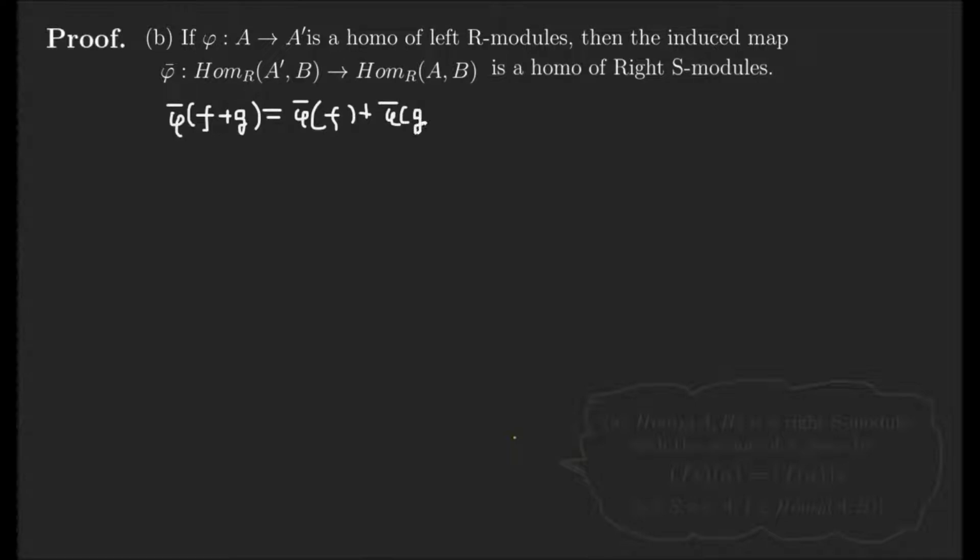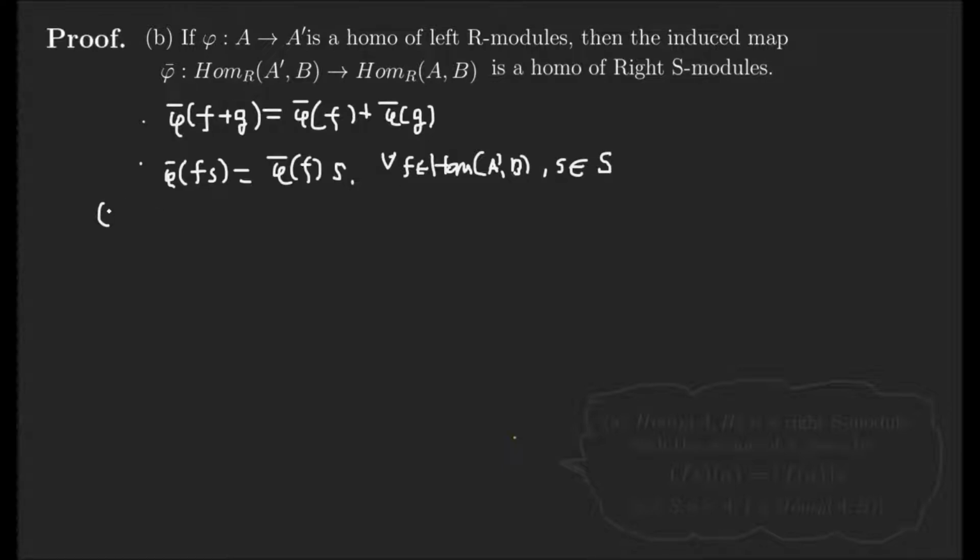Remaining is this: phi(fs) equals (phi f)s for all f in Hom_R(A', B) and s in S. How to prove this?